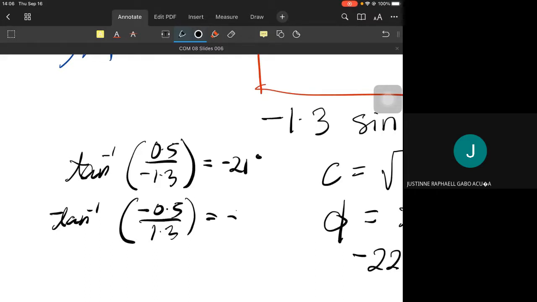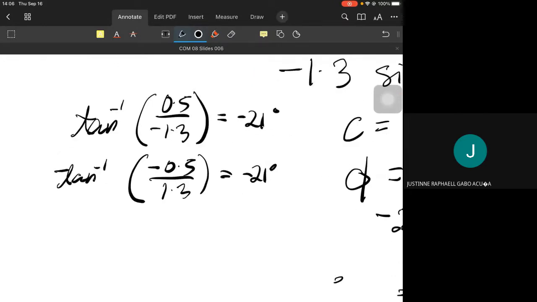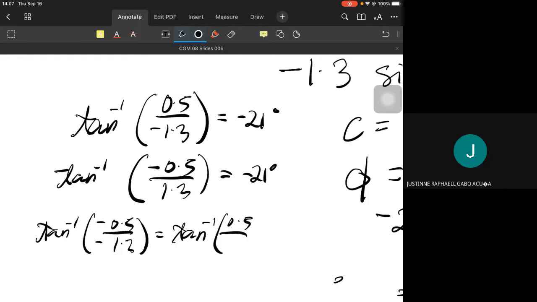Negative 21 still. And the same if both of them are negative. And if both of them are positive, it's positive again, 21.5 degrees.